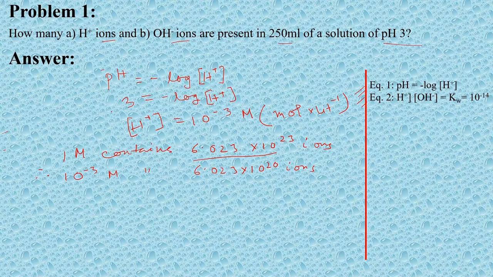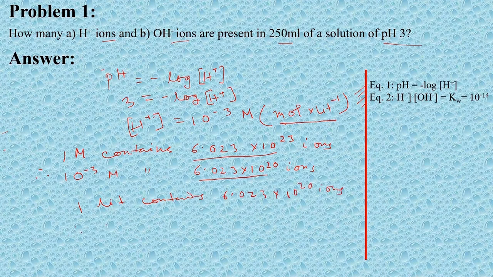As we've seen, 10 to the power minus 3 molar means 10 to the power minus 3 mole per liter, that means this much ion is present in 1 liter. So 1 liter contains 6.023 into 10 to the power 20 ions.